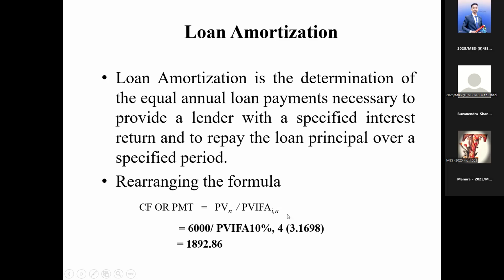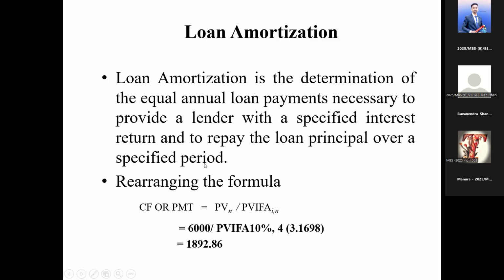So 6,000 divided by 3.1698 gives your annual payment of 1,892.86. I will explain this with the amortization schedule, how banks prepare it.